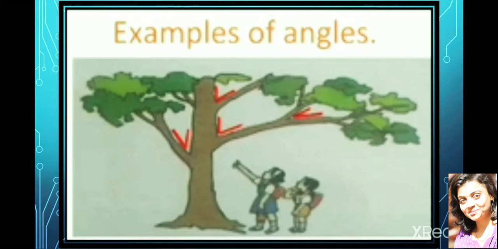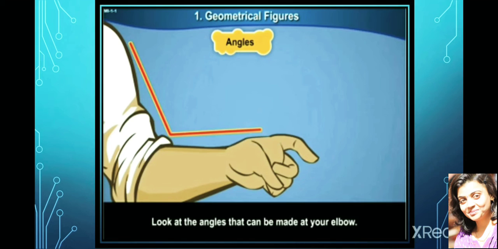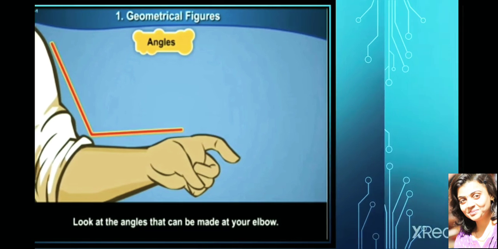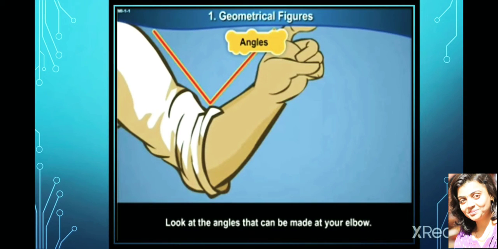Now one activity you have to do. Are you ready for it? Move your arm which is shown in the picture. You will get an angle. Now again you have to move your arm a little upward.